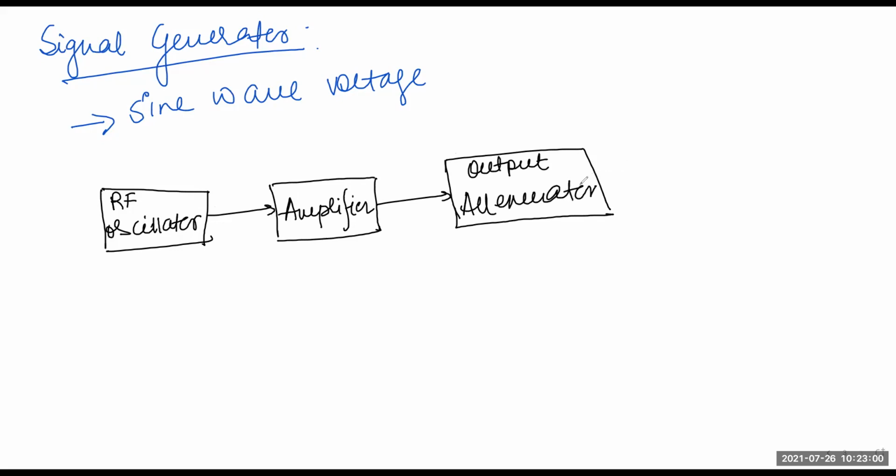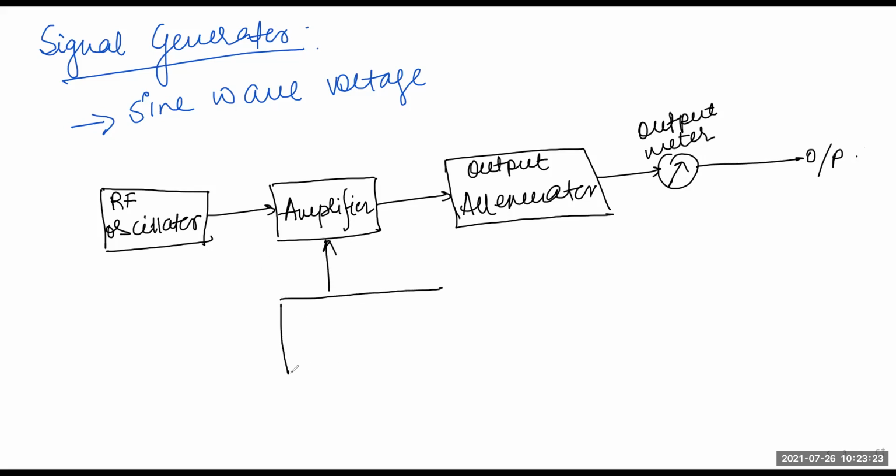Then an output meter will be there. And then you will get the output, I'm writing O/P. And here the modulation oscillator will be connected to the amplifier. So you can write here modulation oscillator.